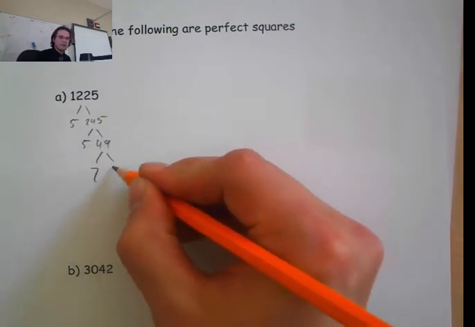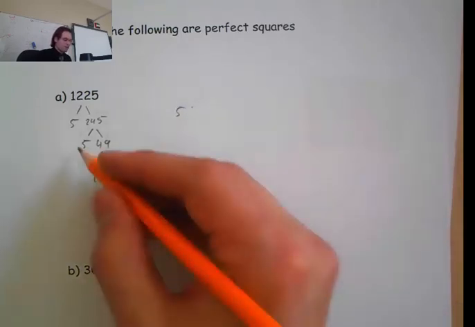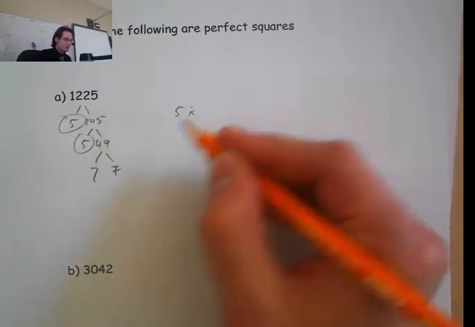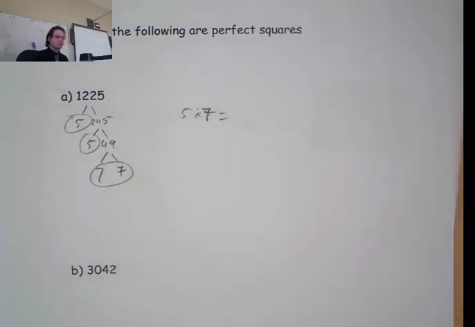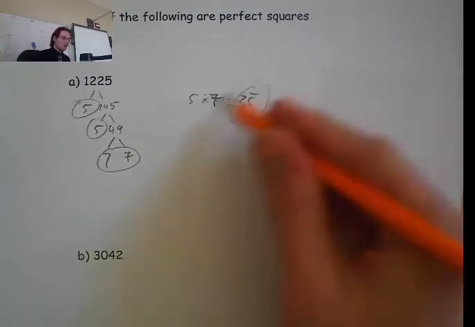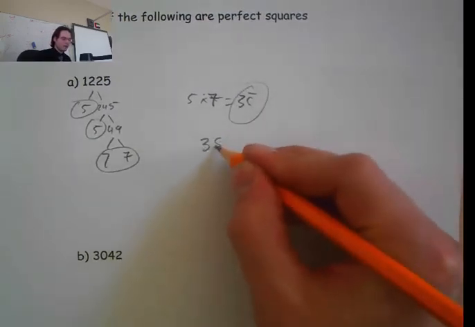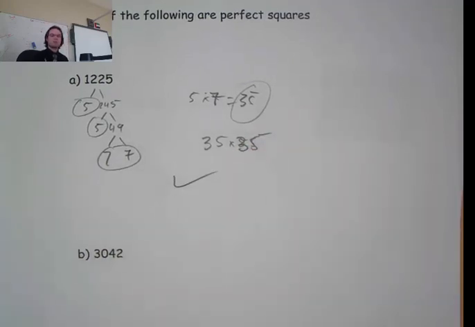Here we're going to get 7 and 7. I combine these together. We have one pair of 5s, and then I have a pair of 7s, which gives me 35. Done. Okay? Easy. So the square root is 35 multiplied by 35. So this is a perfect square.